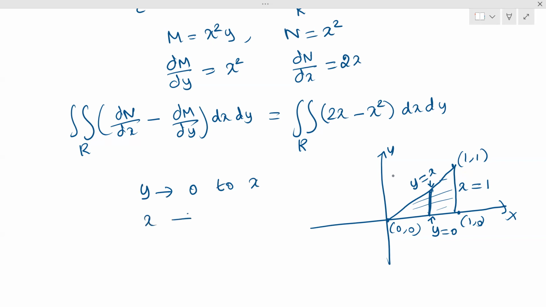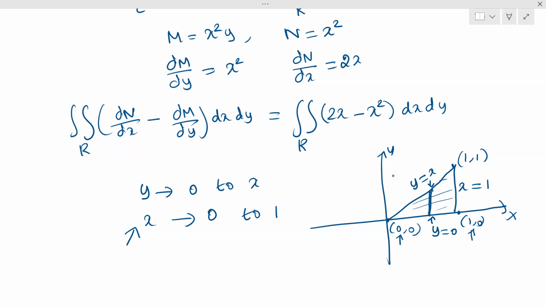To find the outer integration limit, it should always be constant. We have to write the minimum and maximum value of x. Here the x value is 0 and the x value is 1. The starting value of x is 0 and the maximum value is 1. So x varies from 0 to 1.